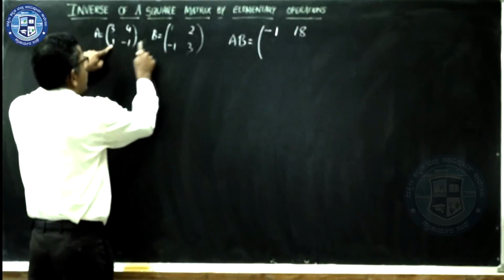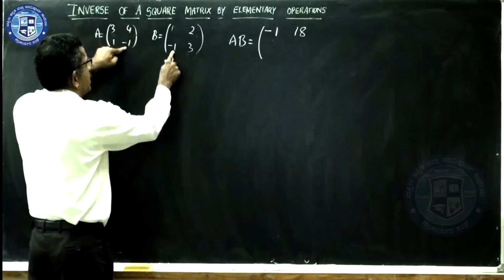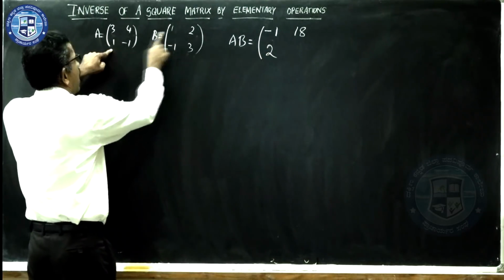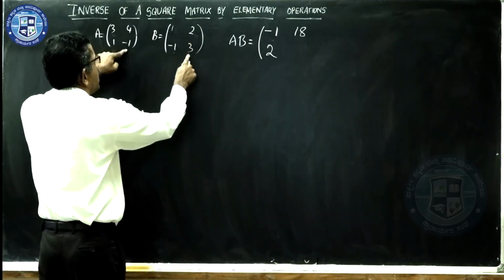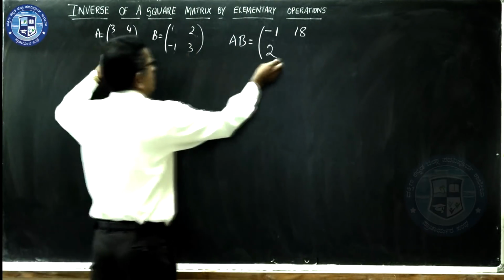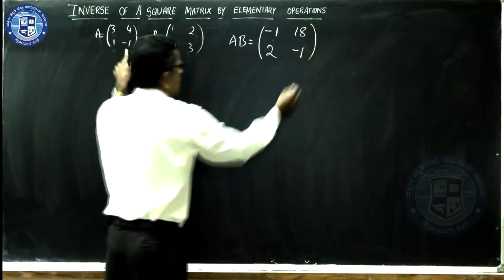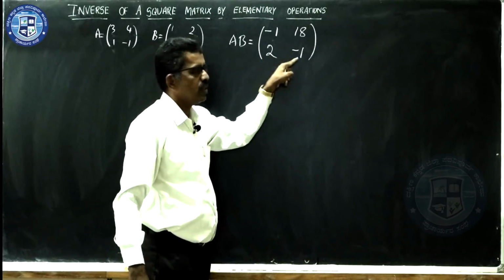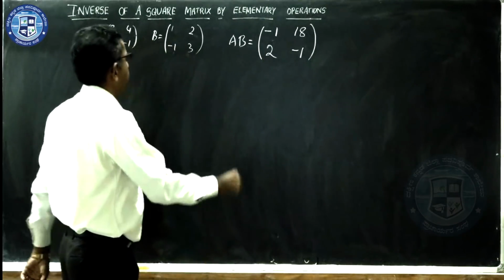Okay, next we have here 1 plus 1, it is 2. And next we have here 2 plus minus 3, it is minus 1. You have AB, it is minus 1, 18, 2, minus 1.